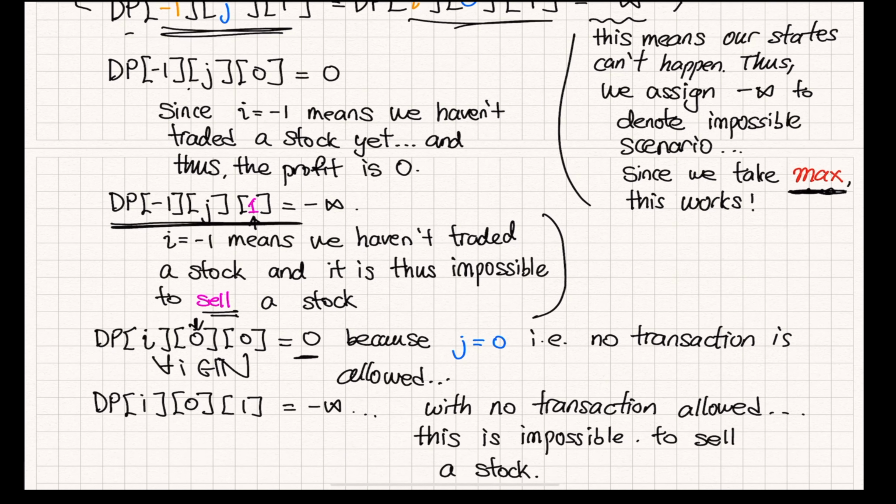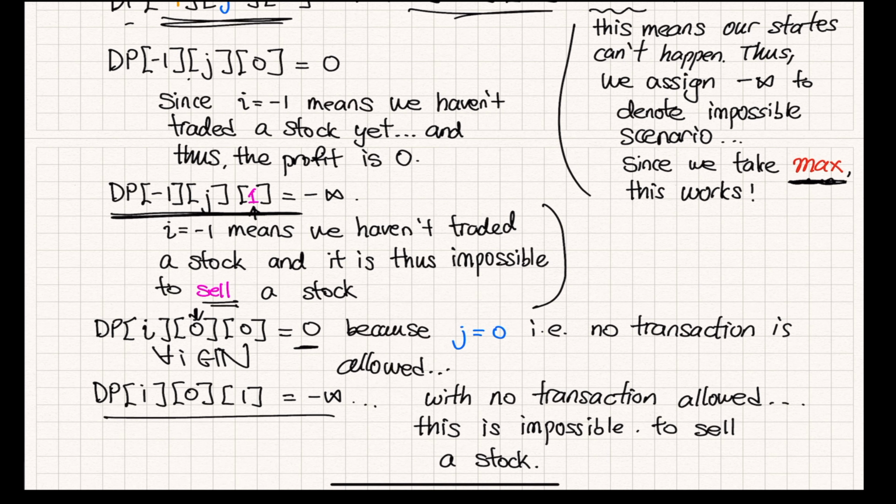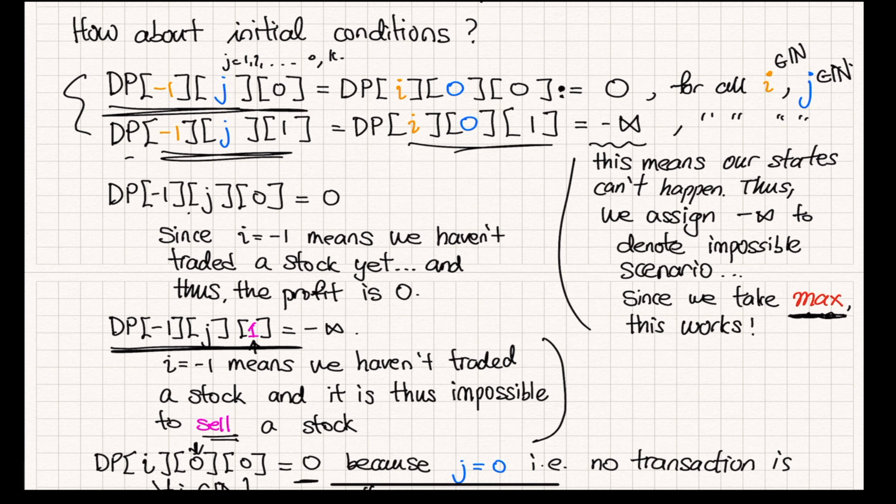That makes sense. And here dp of i comma 0 comma 1 is equal to negative infinity for all i in natural numbers. Again, we are in a situation where no transaction is allowed. It is impossible to sell a stock, right? So we have a negative infinity there. So that's the base case, our initial condition.